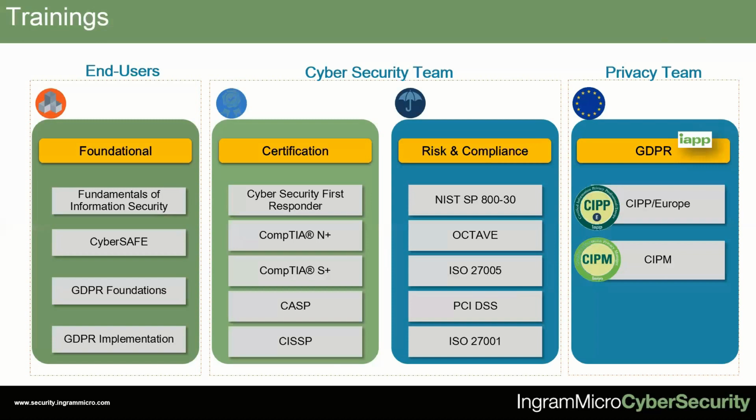And finally, the GDPR requires you to have a data protection officer, and this data protection officer should have both CIPP and CIPM. So all of these are trainings for you to consider for your end customers whenever you have a requirement around cybersecurity.